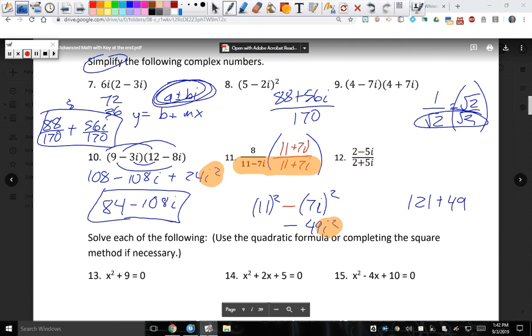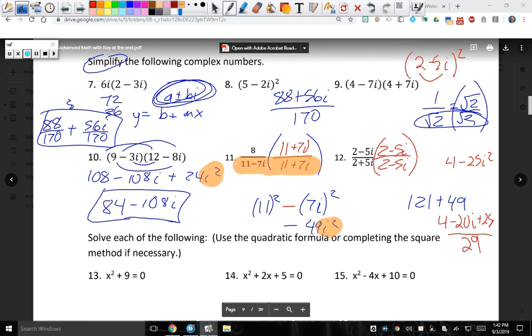It is another form of a conjugate, but there's a little bit more that we have to do with the final answer. So anyone, what's the form of 1 that I'm going to multiply by? Yep, 2 minus 5i over 2 minus 5i. Difference of squares on the bottom, you get a 4 minus 25i squared, which is 29. And then the top, it's not a difference of squares, it's like 2 minus 5i squared, which is 4 minus 10 times 2 is minus 20i, and then plus 25i squared.